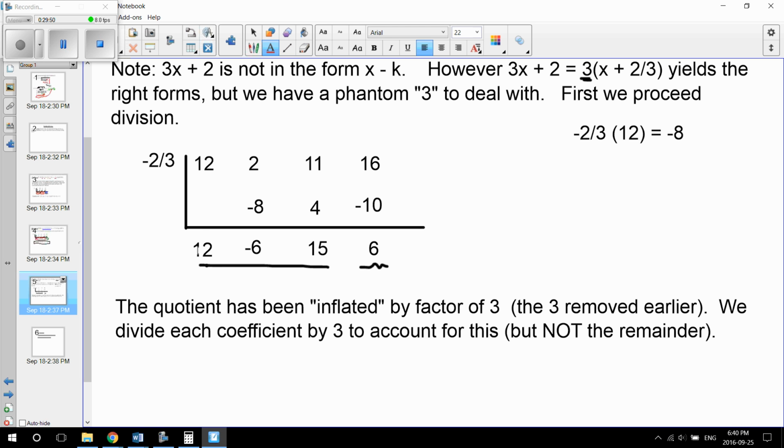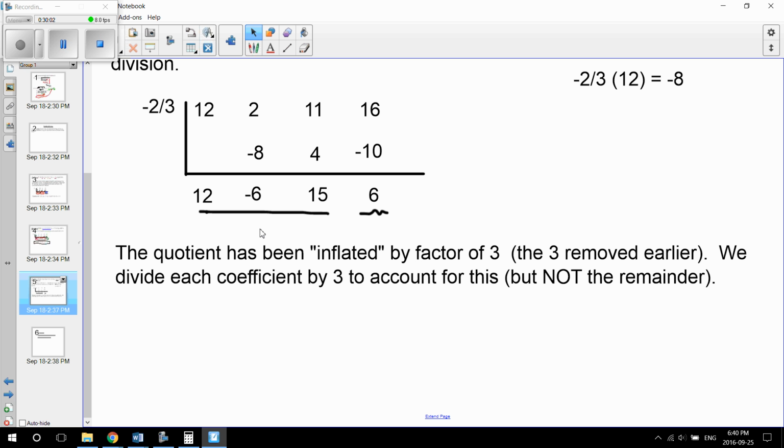So if we take our answer here, we're going to divide each of these by 3.